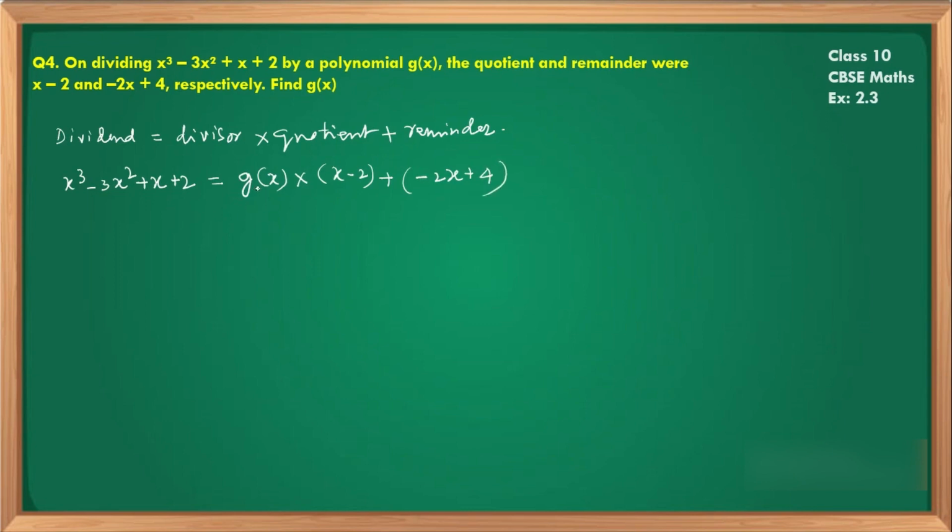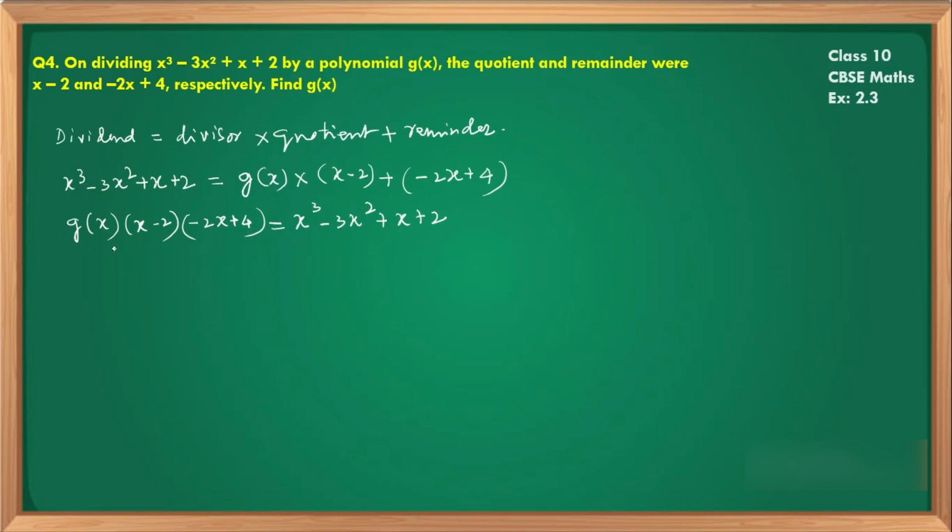What we do, we just interchange. We put gx into x minus 2 and then minus 2x plus 4, then equals. The whole LHS is transferred to RHS. Only interchanging: x cubed minus 3x squared plus x plus 2.